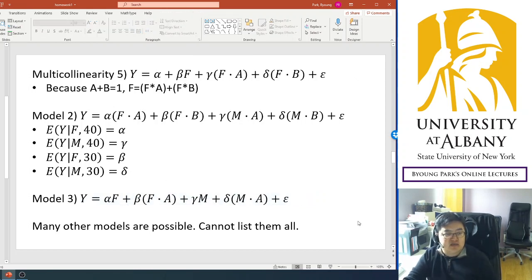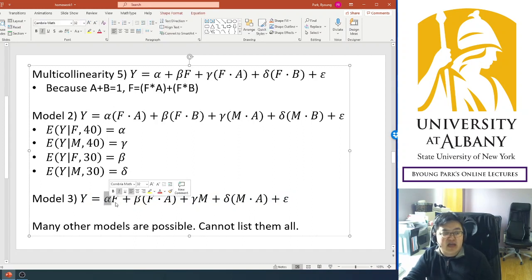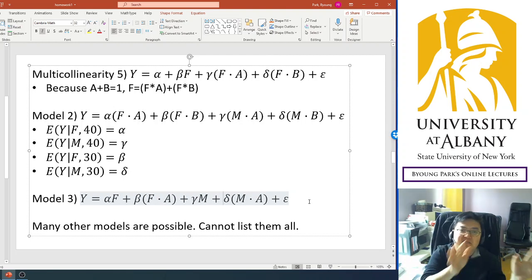In this case, alpha captures the group average for younger women, and gamma captures the group average for younger men, and beta and delta capture the age premium for men and women. So this may be convenient if you're interested in the gender specific age premiums. You can write more examples, but there are too many, so I'm not going to explain all of them.